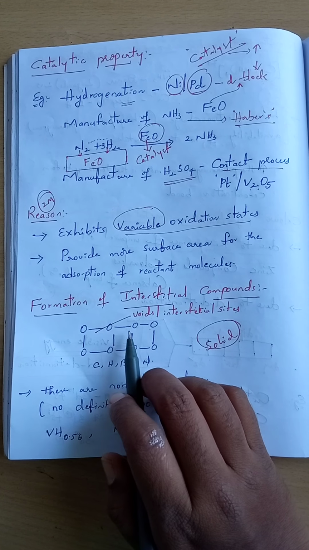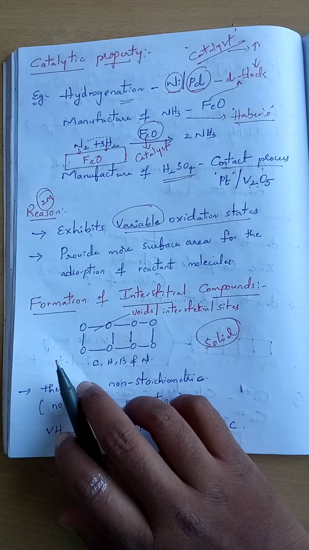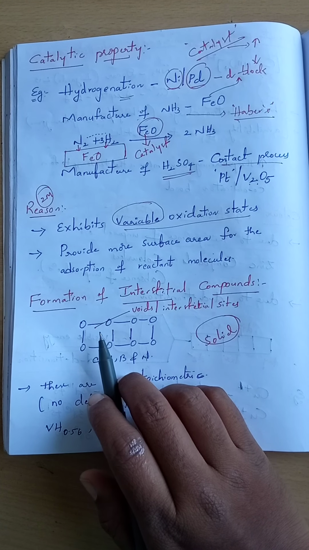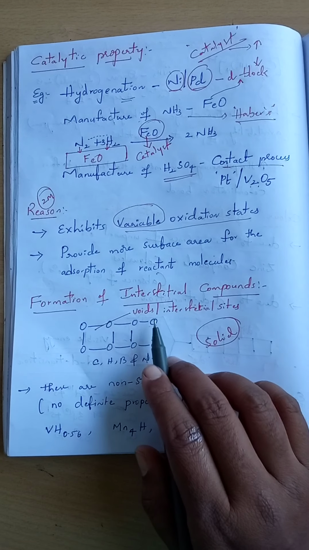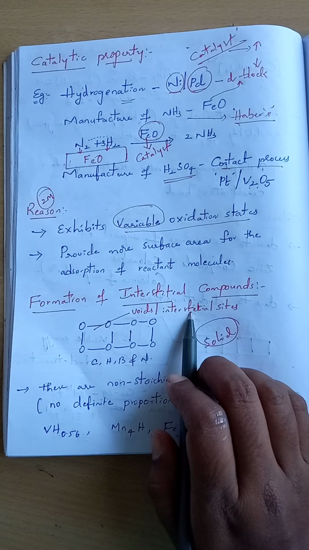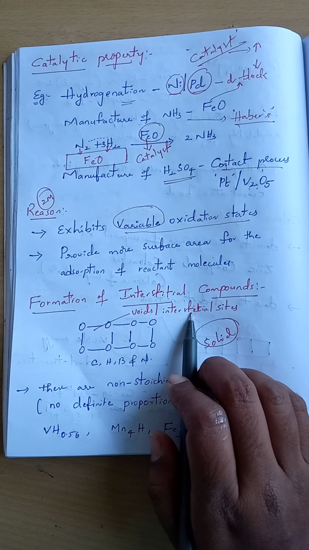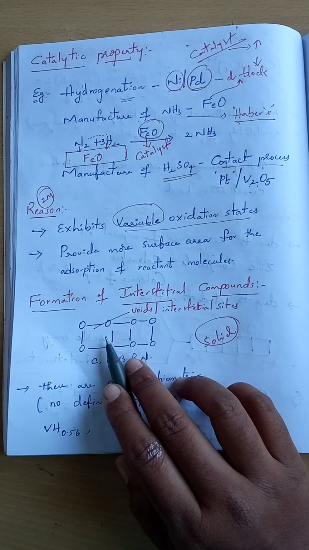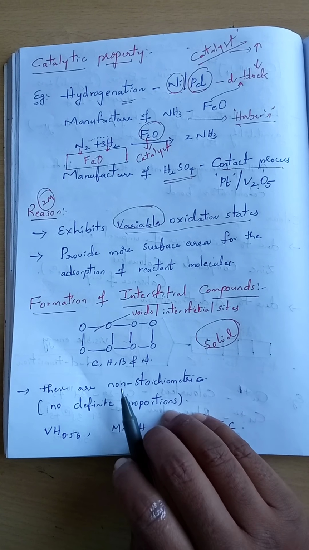Though they are tightly bonded with each other, some spaces are left over between the atoms. Such spaces are known as voids or interstitial sites. About this we have studied in the solid state chapter. Some voids or interstitial sites are created in solid state atoms.